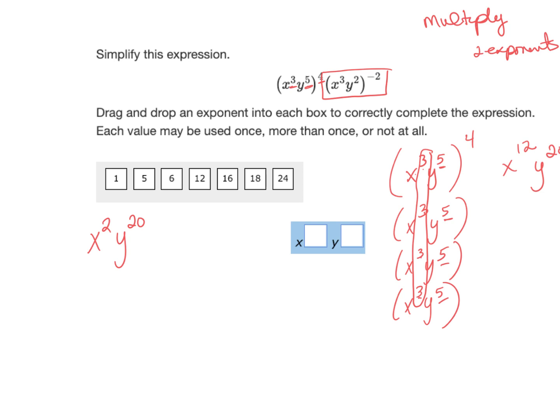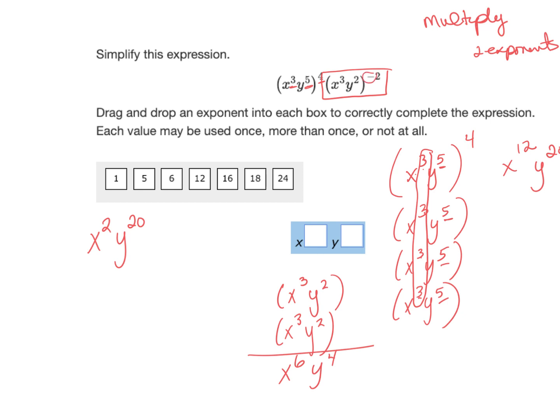So I'm going to have 2 groups of x cubed y squared. Which will give me a total of, because 3 times 2 is 6, x to the 6th, y to the 4th, because 2 times 2 is 4.